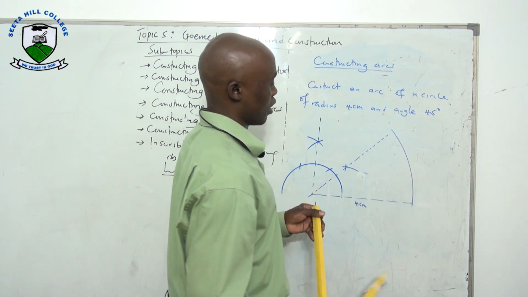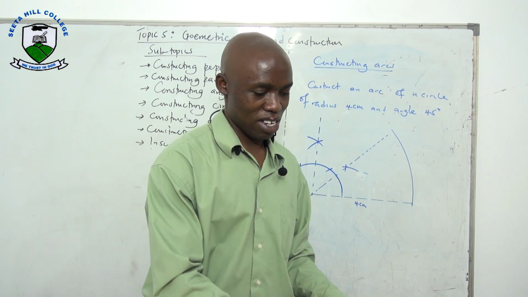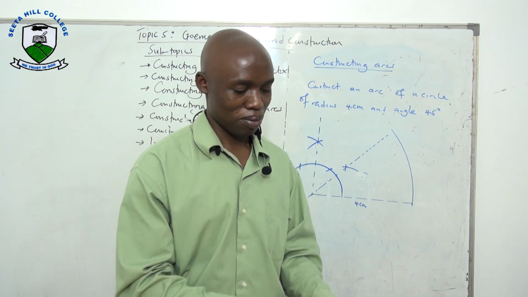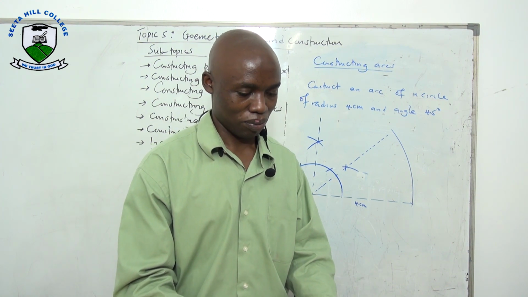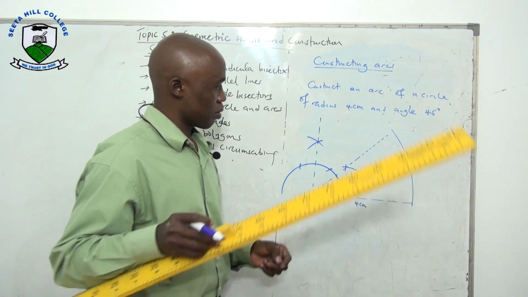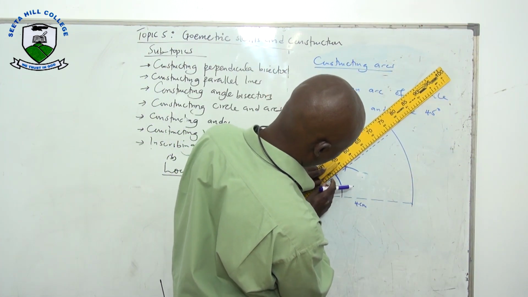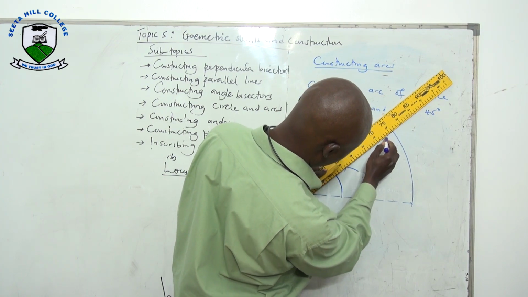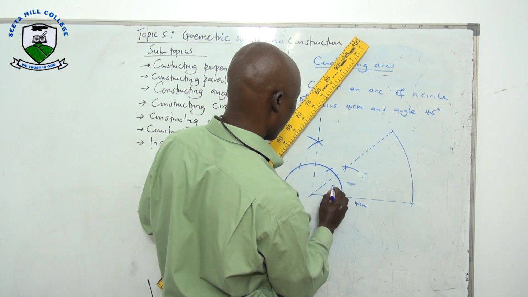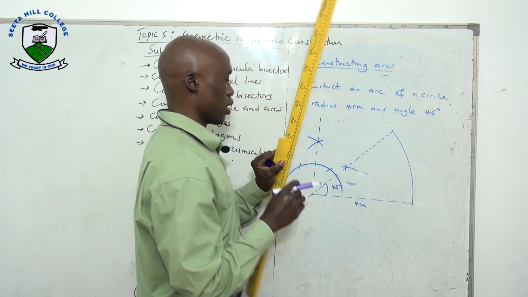That's the arc. I hope you see those skills. That means you extend this to be, then this is 45 degrees. Clear?